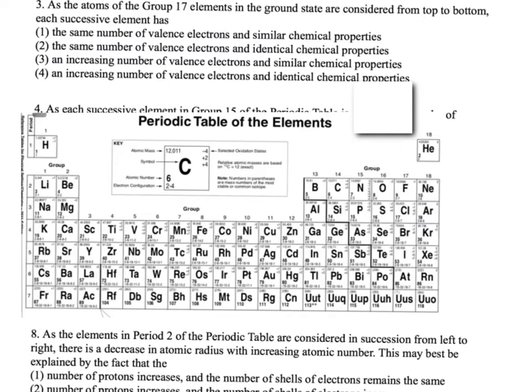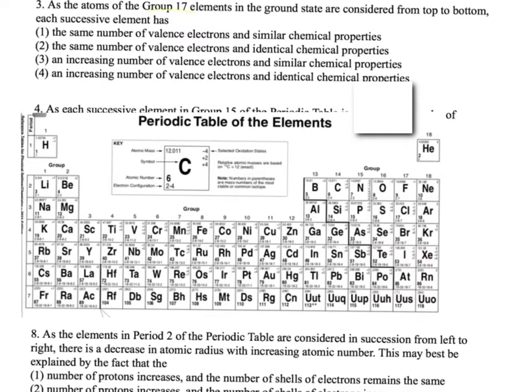Question number 3 asks us about group 17. Group 17 is found on our reference table right here. And we're asked to evaluate their number of valence electrons and their chemical properties. Valence electrons are electrons in the outermost principal energy level, or the rightmost number of the electron configuration. Fluorine has 7 valence electrons, as does chlorine, bromine, and iodine.